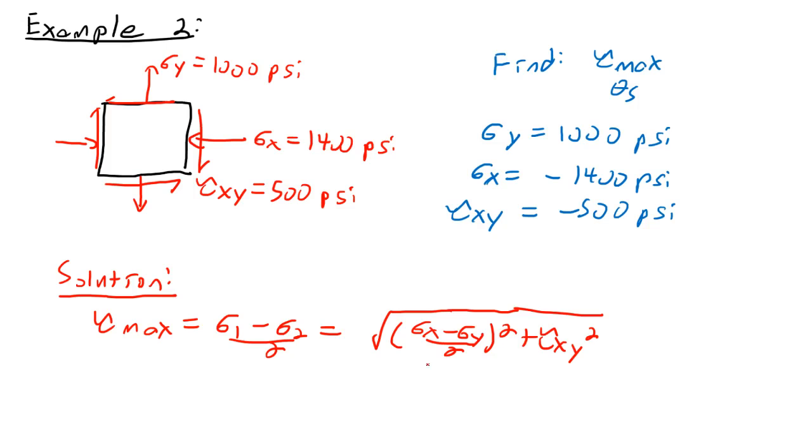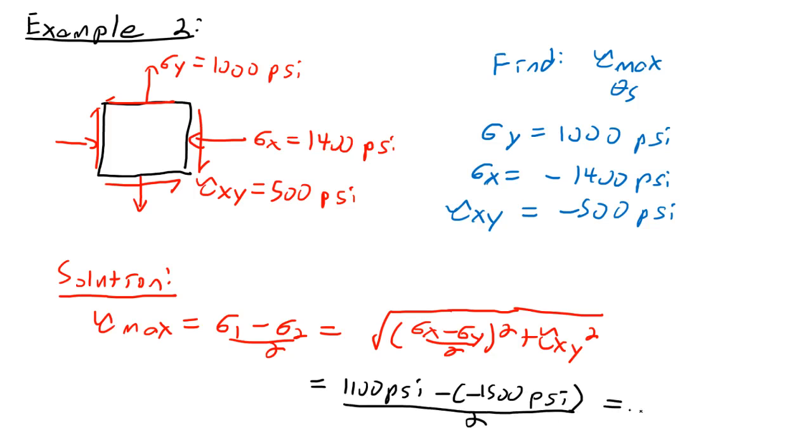And this is equal then to 1100 psi minus a negative 1500 psi over 2 equals 1300 psi.